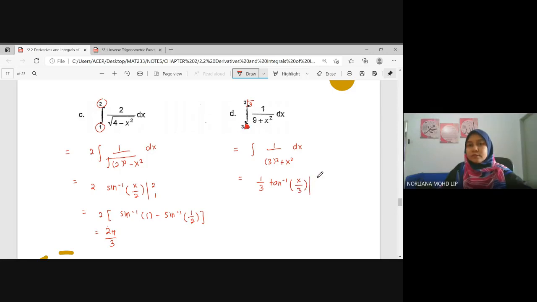So boundary from 3 square root 3, 3. So we get 1 over 3 tangent inverse square root 3 minus tangent inverse 3. Okay, 1. The answer is pi over 36.